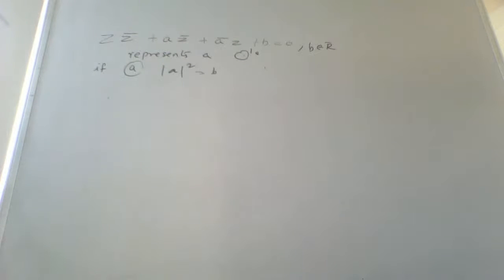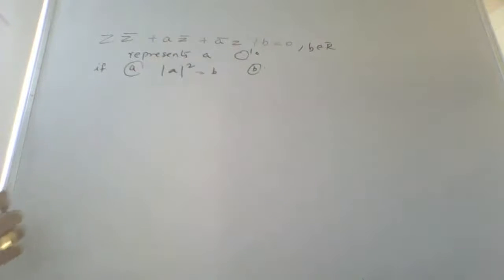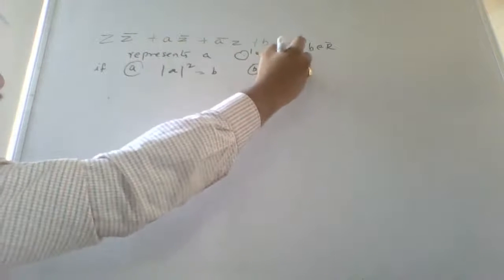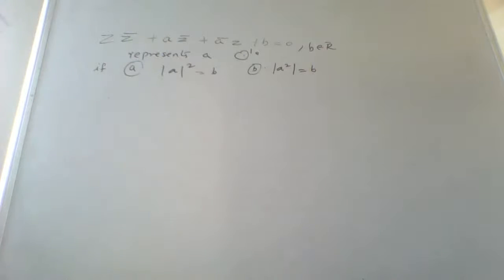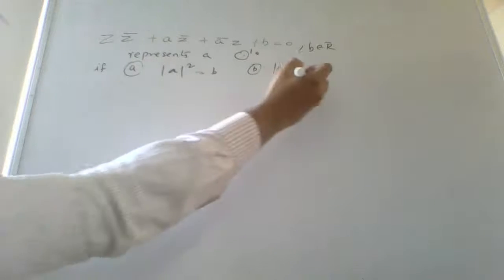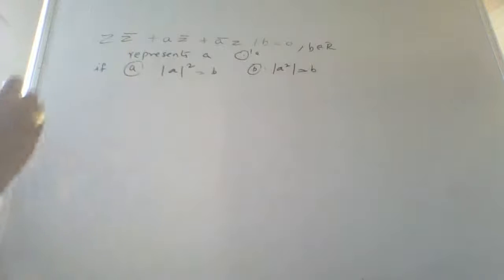Another option, b: mod a square is equal to or greater than b.